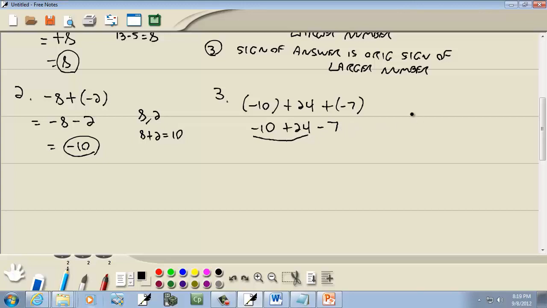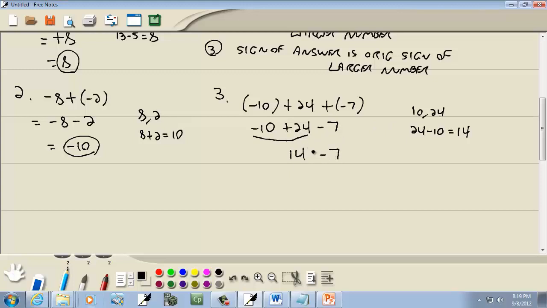Well, signs are different. So our steps, this case 2, say to ignore the signs. So we got 10 and 24. Subtract a smaller number from a larger number. 24 minus 10 gives us 14. And the sign of our answer is the original sign of the larger number, which is 24, which was positive. Then I'll bring down the minus 7.